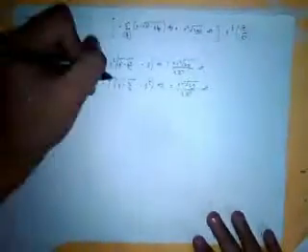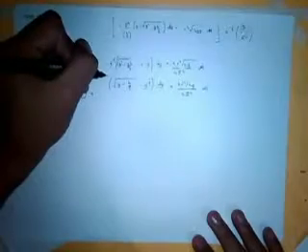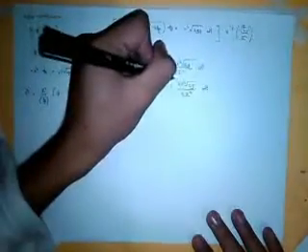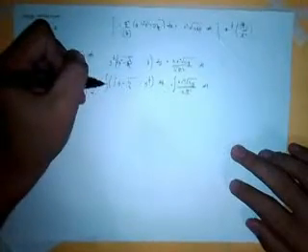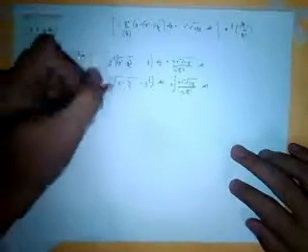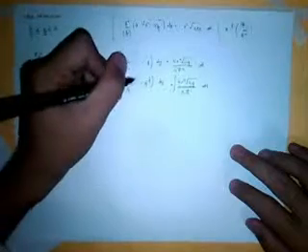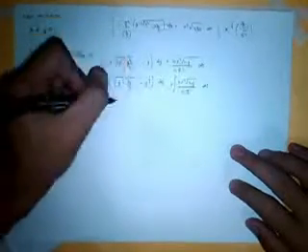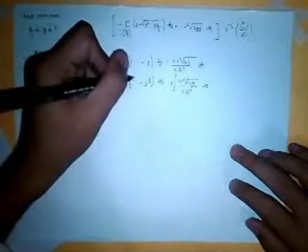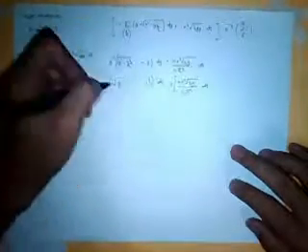Now we will integrate both sides. The integration of this term, y minus h over 2 to the power of 1/2, means we just add 1. I hope you can get it.